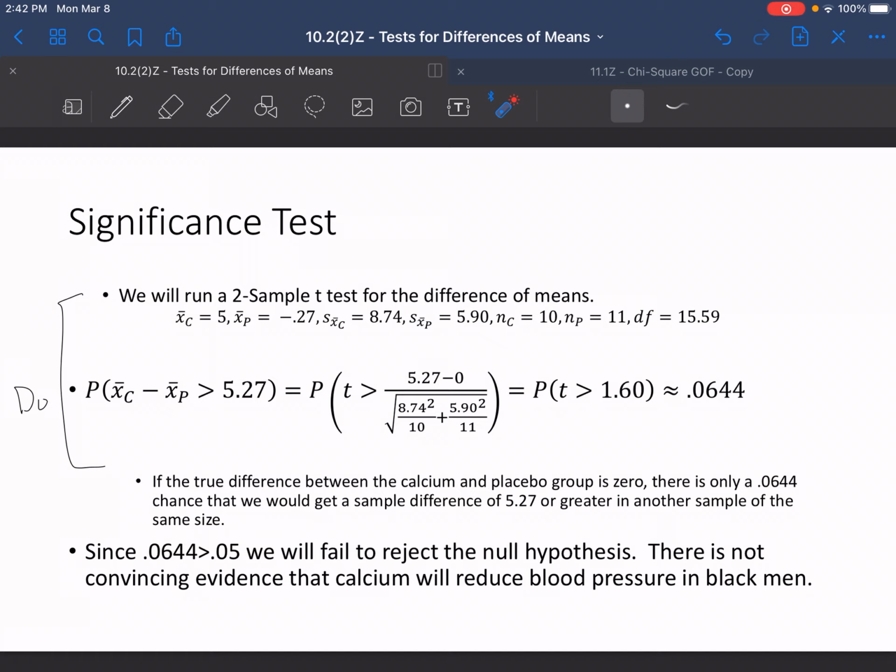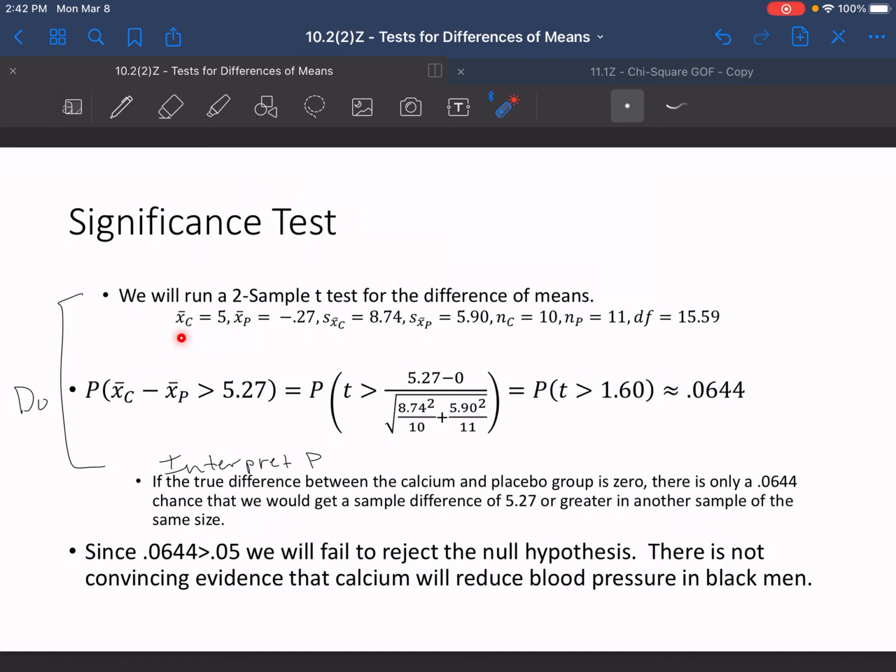Okay, then if we were going to interpret p, this is how we would do it right here. If the true difference between the calcium and placebo group is 0, so if whatever we stated as the null hypothesis is true, then there is only a 6.4% chance that we would get a sample difference of 5.27, and that represents our sample difference.